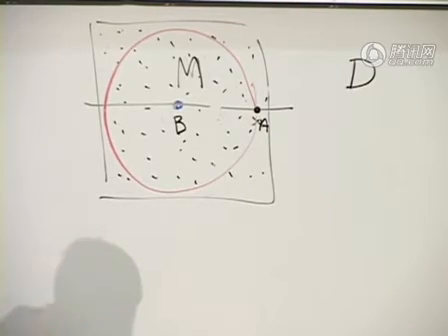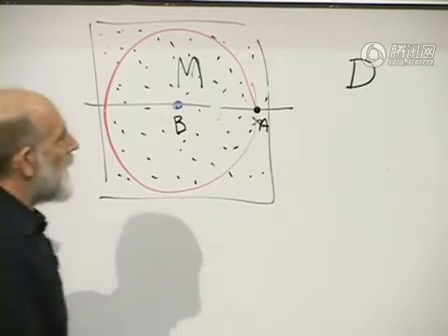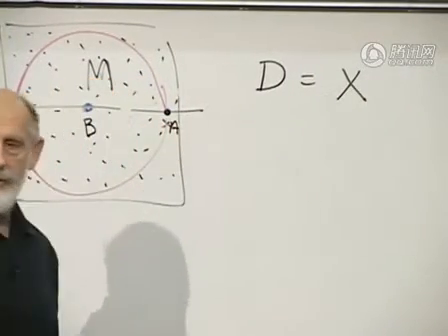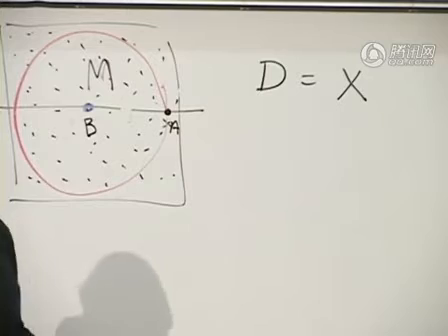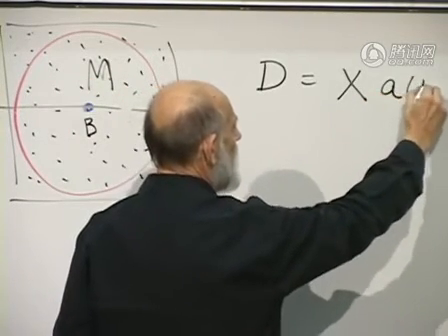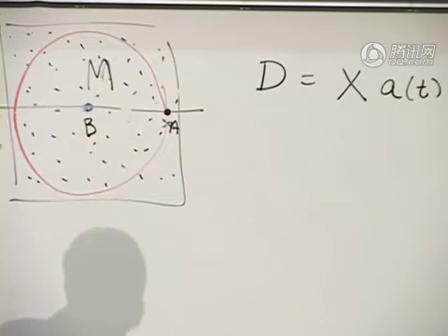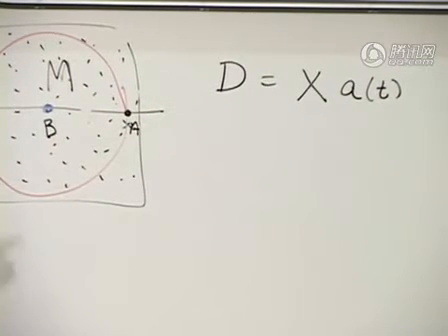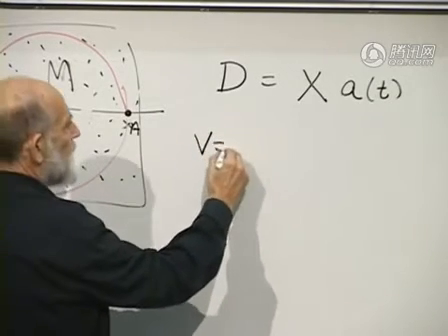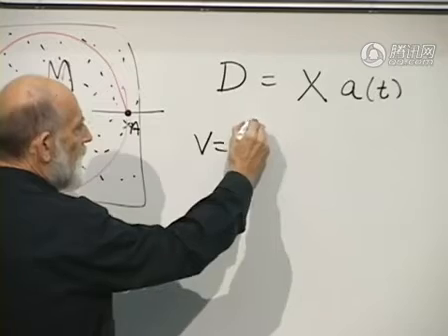The distance to Alice is equal to x, but not x. x has to be multiplied by something, a, the scale factor, as a function of time. What about Alice's velocity relative to Bob? That's velocity. That's equal to the time derivative of d.